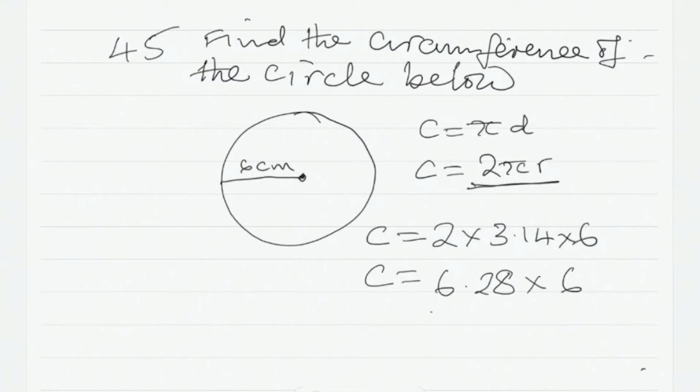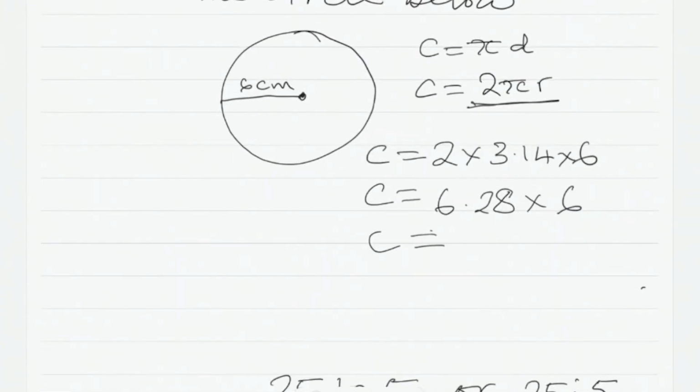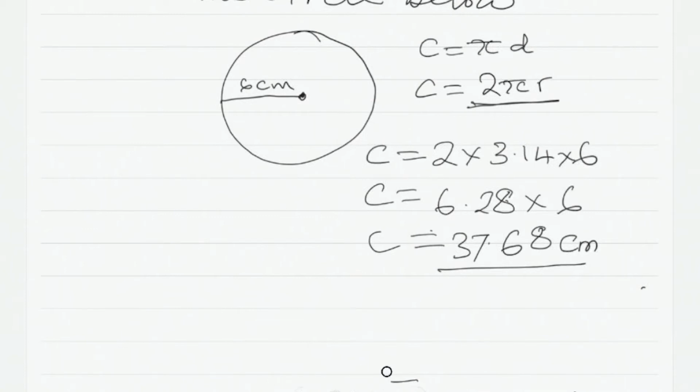Then we multiply that by 6 again. 6 times 8, that is 48, carry 4. 6 times 2, that is 12, plus 4, that is 16. Point, carry 1. 6 times 6, that is 36, plus 1, it gives us 37. So our answer is going to be 37.68.